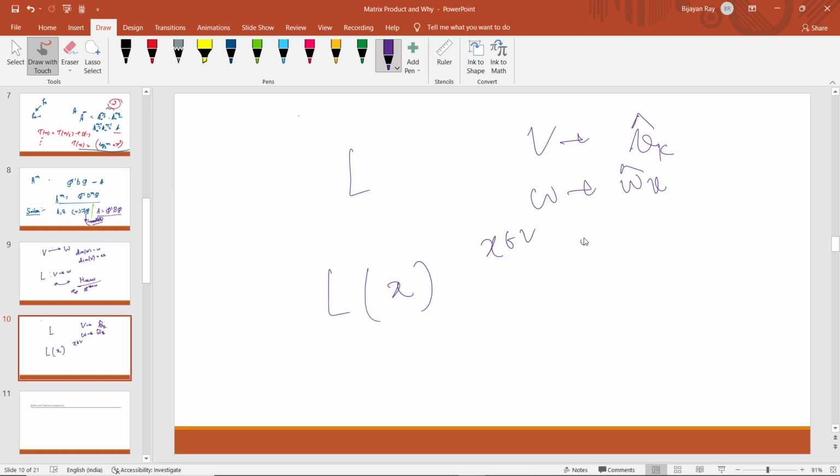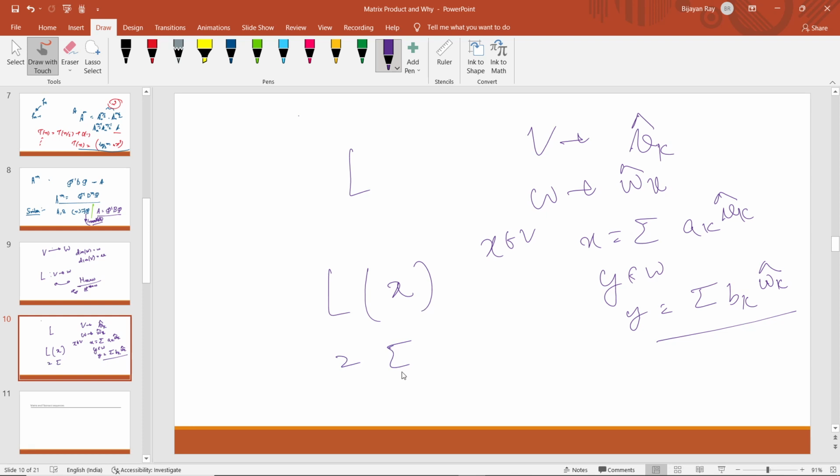X is a vector. X can be written as summation, say, ak vk cap. Similarly, y belongs to W. Y can again be written as summation bk wk cap. So due to linearity we have ak L vk.